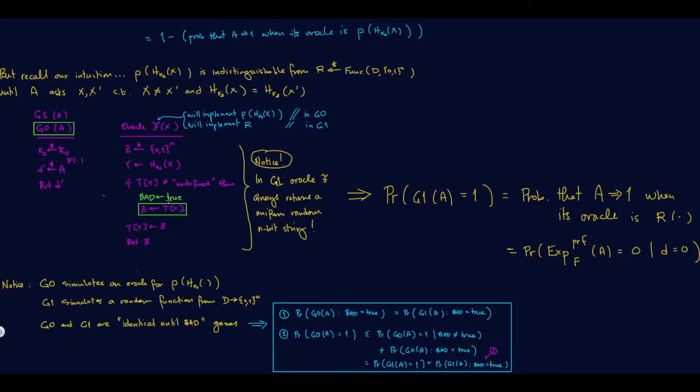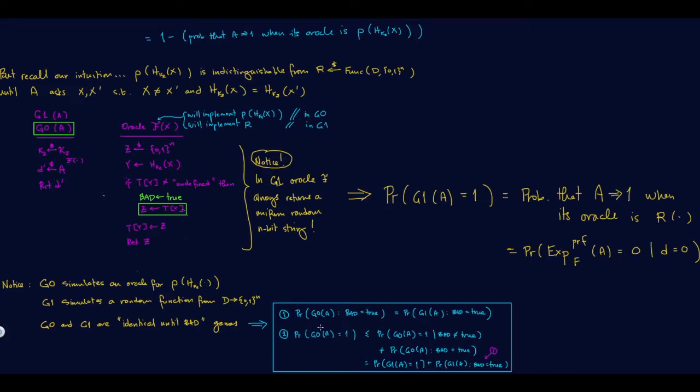Why? Because when bad is set to true in game G0, this happens. And when bad is set to true in game G1, this does not happen. It's only at that point that the executions diverge. And there is a very nice result called the fundamental lemma of game playing, which says the following.